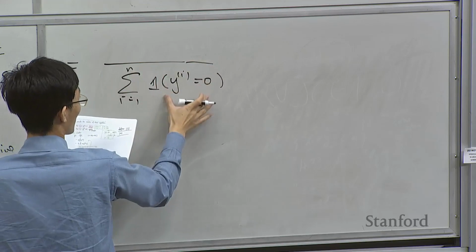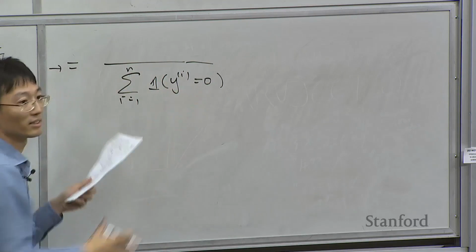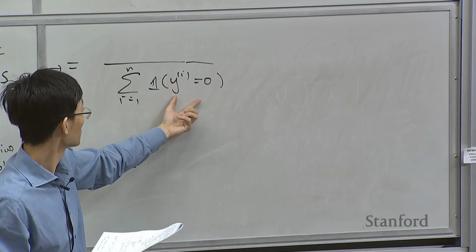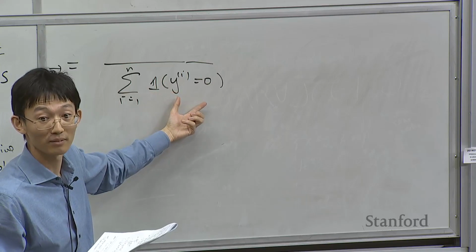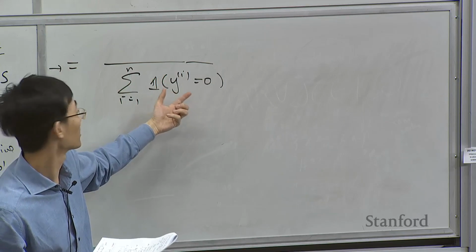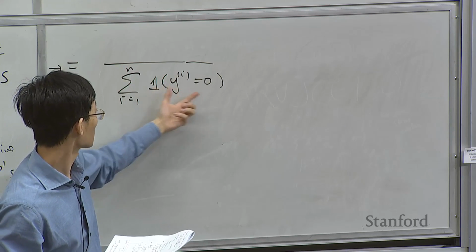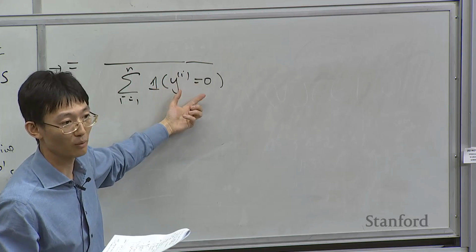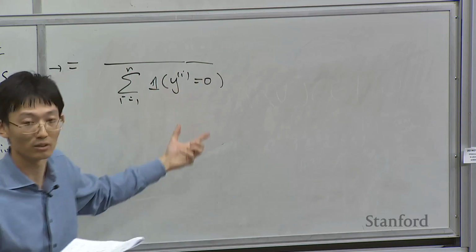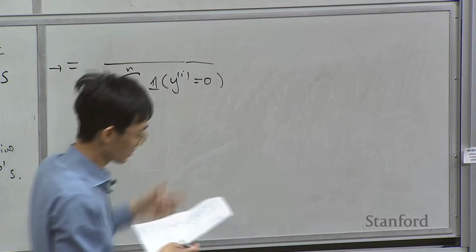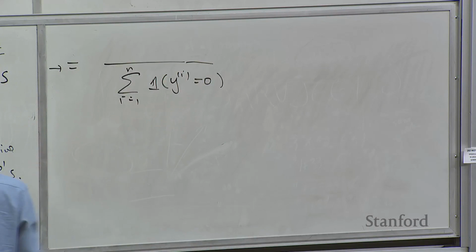This is the number of examples where yi is equal to 0, because y equals 0 means the indicator is equal to 1. The indicator is 1 only if the event is happening. So that's why this denominator is the same as the size of the negative examples.